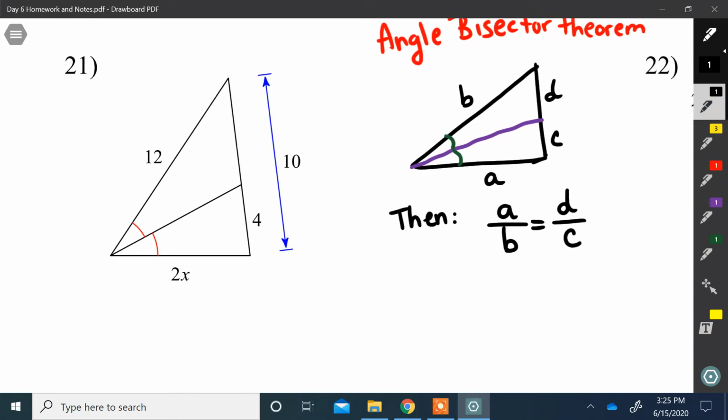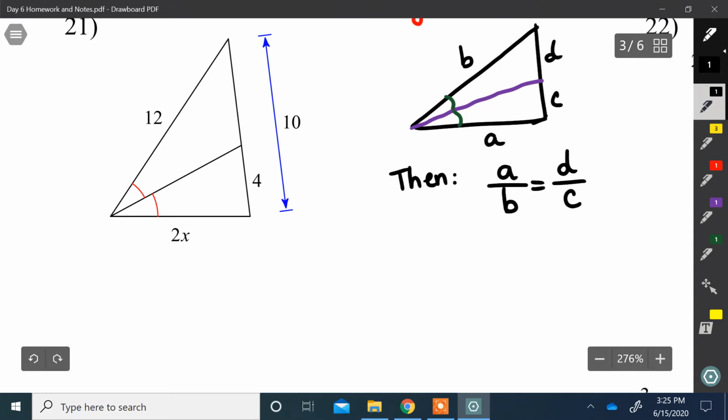Okay, so let's do this. Angle bisector theorem, let's use it. First of all, we need to know what this is right here, but that's pretty easy because if that whole thing is 10 and this is 4, then this is 6. The angle bisector theorem says you can see that this is being intersected like that.